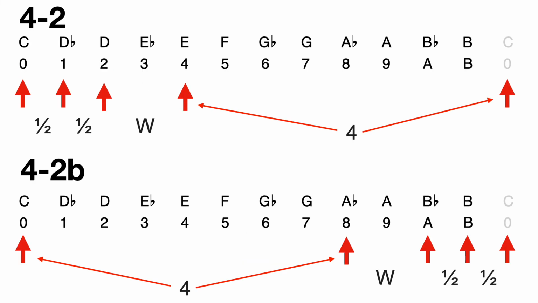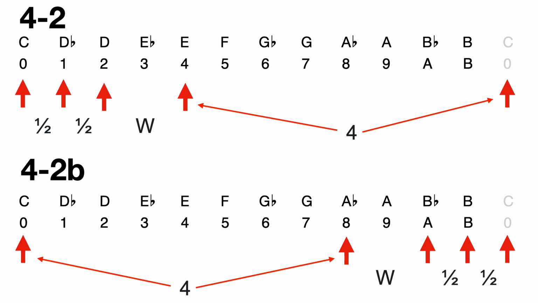So let's look at both of these side by side. So 4-2 has an interval structure of half step, whole step, and then 4 steps. So if we look at this backwards, negative basically just means that it is a kind of retrograde, or it's backwards, or it's upside down.